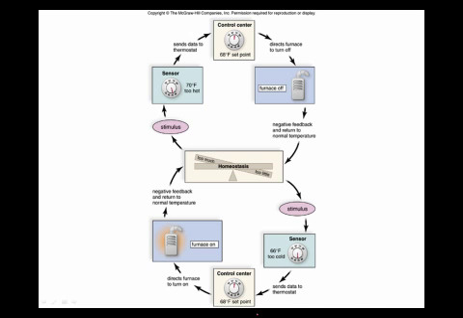Here's a little more complex diagram that illustrates negative feedback. Let's assume that the thing that is being monitored here is temperature of your office or temperature of your home, so we want it to stay within a specific range. If it gets too high, there is a sensor that detects that. It would be a thermometer. That thermometer or thermostat then sends the information to the control center, which would be a switch.